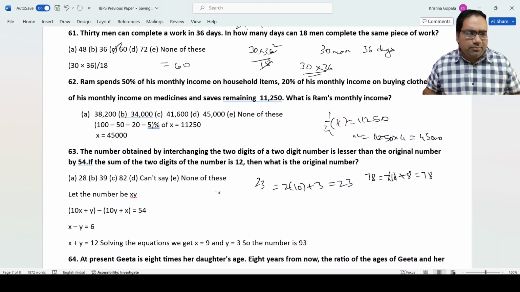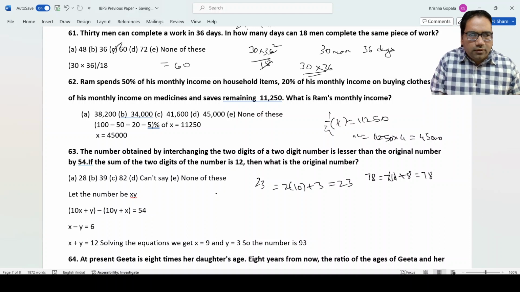Any two-digit number xy is equal to 10x plus y. Now, what is it saying? If the digits are interchanged, that means if it is yx, then the number would be 10y plus x.